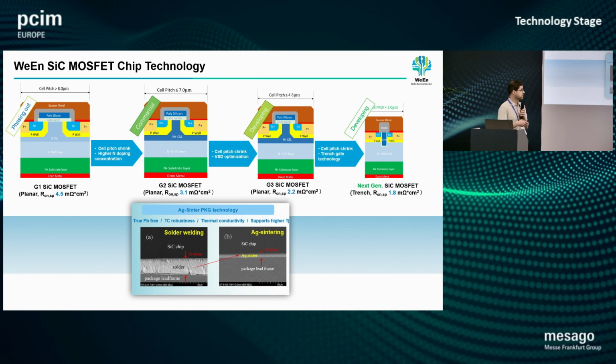And then this slide in here, I'm showing what we are doing really to improve the technology. As you can see, this was our first generation of silicon carbide MOSFET. What we're doing really is reducing the size of the cell to reduce the thermal dissipation.